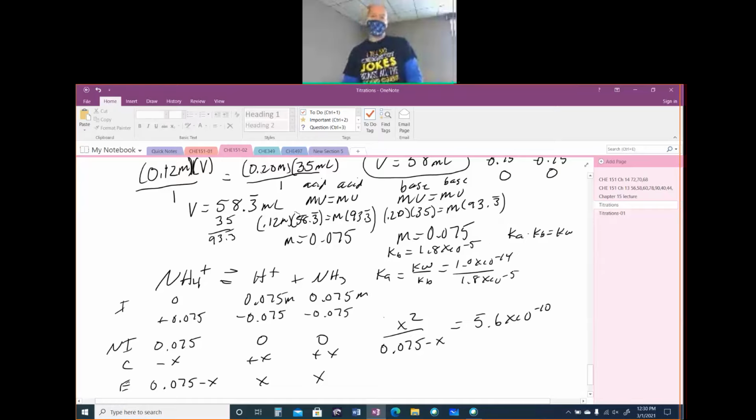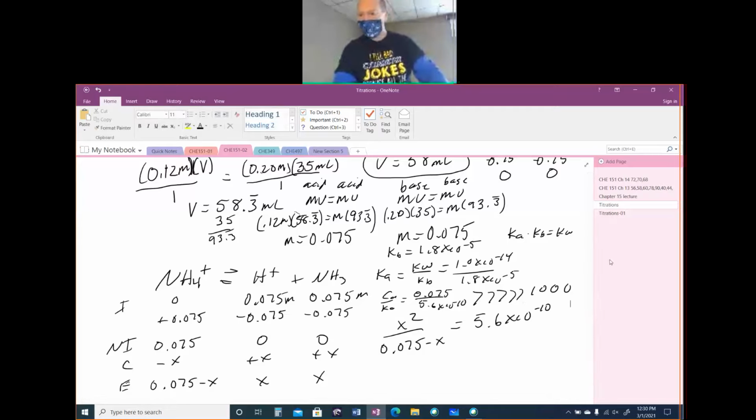So if you want to check to see if you have to put your x back in and check it, you take your Ca over Ka, and so you have your 0.075 divided by 5.6 times 10 to the minus 10, and that is much greater than 1,000. You're going to get a huge number, more than 100,000, 100 million.